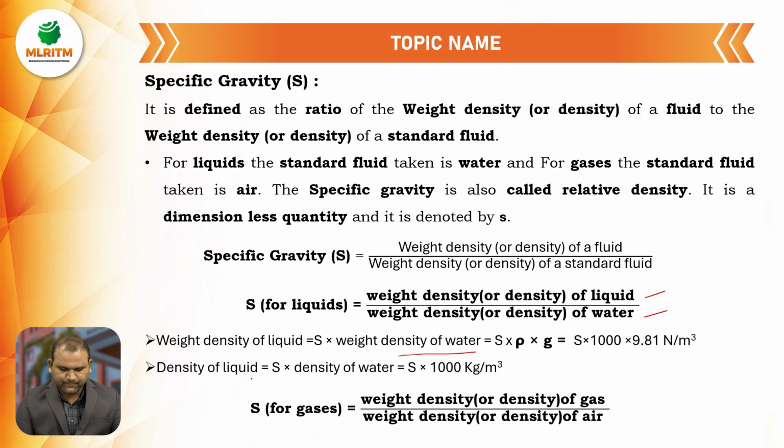Density of liquid is S into density of water, S into 1000 kg per meter cube. Specific gravity for gases: weight density or density of gas to the weight density or density of air.